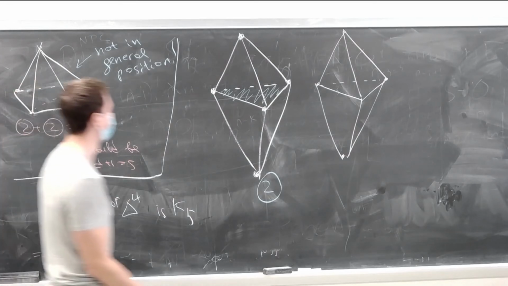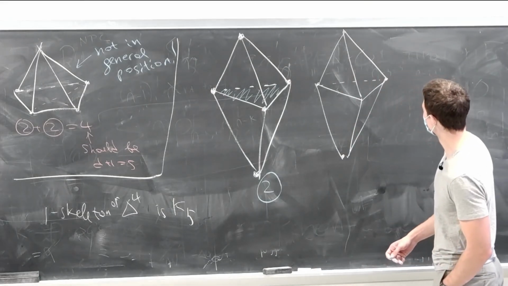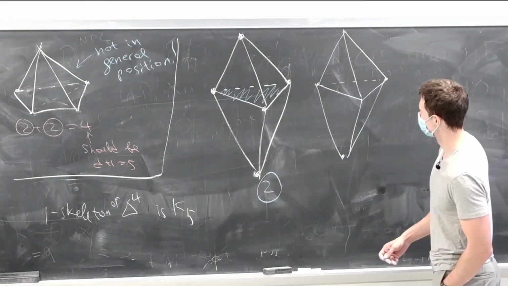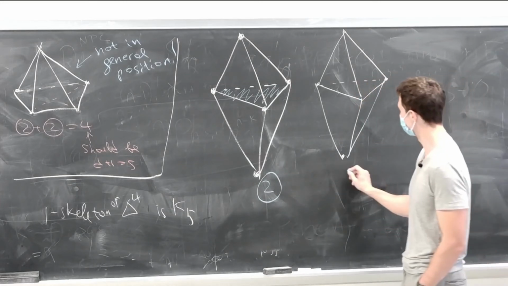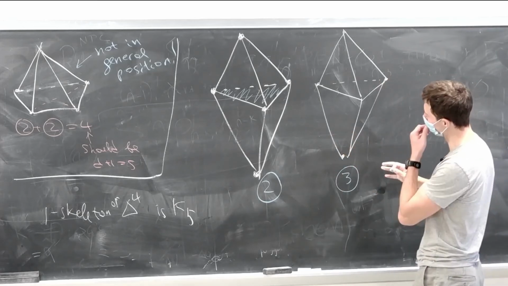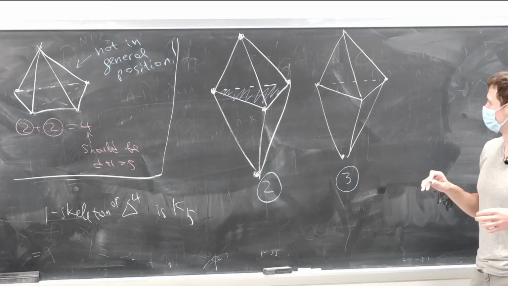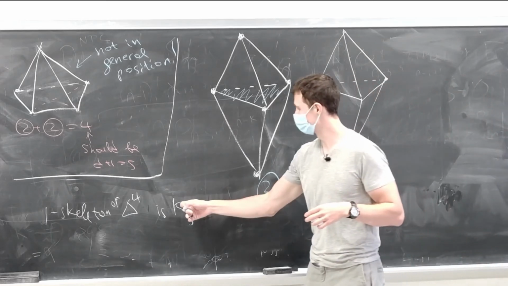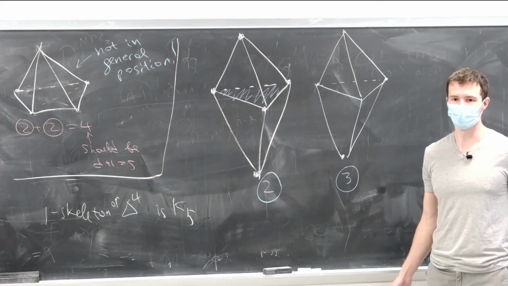Oh, okay. I mean, of arbitrary dimension. How many facets should it have? Yeah, it should have 3 top-dimensional. So how would you represent this as a union of 3 tetrahedra? And you want every edge of K5 to appear in that triangulation.